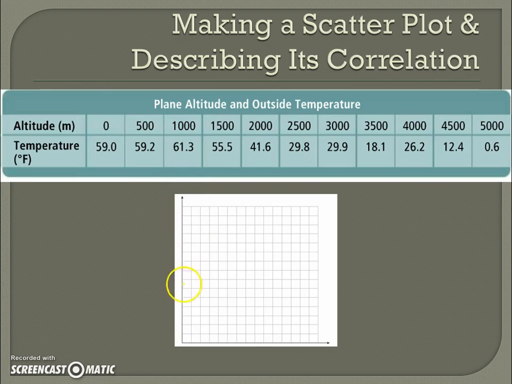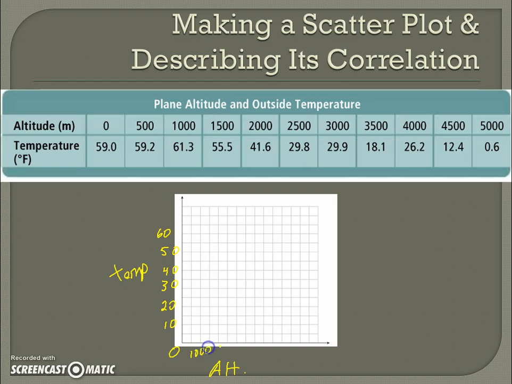Okay, so I'm going to be graphing this. I'm just going to go up by tens here. So 10, 20, 30. Let's see, where am I? I'm having a hard time seeing the lines. 40, 50, and 60. And this is going to be my temperature. And then down here, I'll put my altitude. In the altitude, I'll start with 0. And I'm going to go up by thousands.